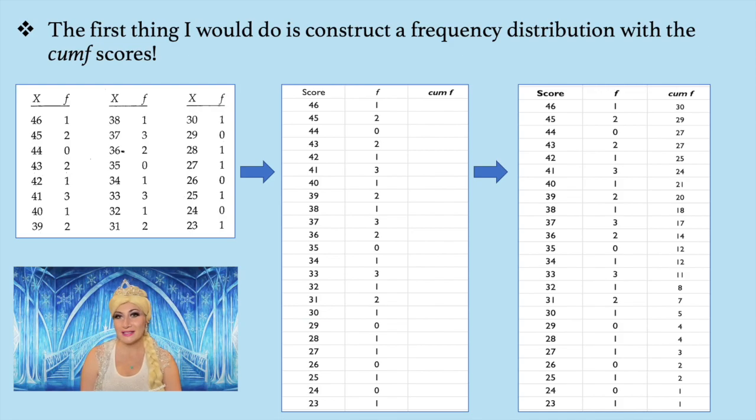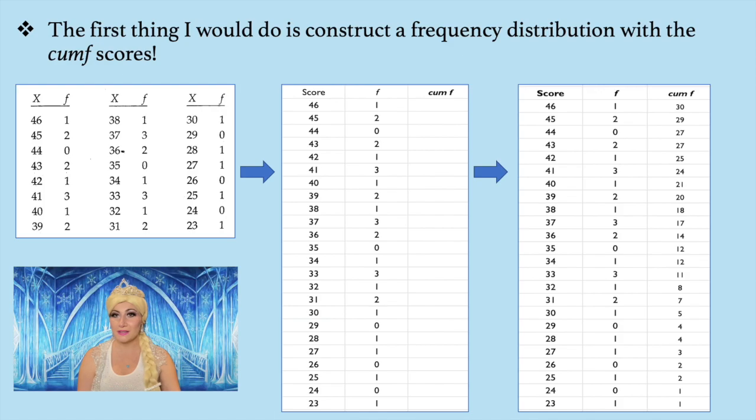Remember, frequency tells us how many students got that particular score on their quiz, but cumulative frequency tells us how many students got that score and everything below it. So in other words, if I look at the score of 43 and I want to know the cumulative frequency for the score of 43, I can say that 27 students got a 43 or below.